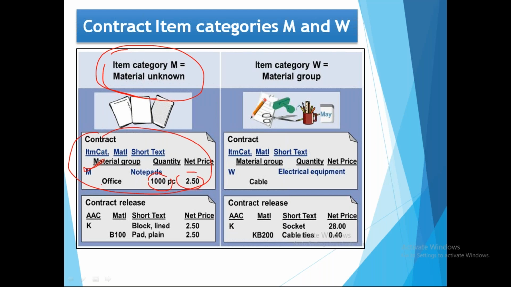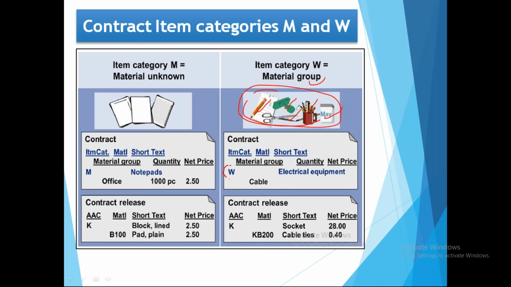Whenever you are creating the release order, either you can enter the exact material now you know, or you can create it with cost center also, account assignment category. Whereas in case of item category W, material group, there are some materials belonging to the same material group.